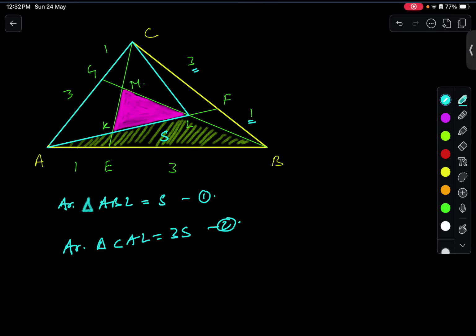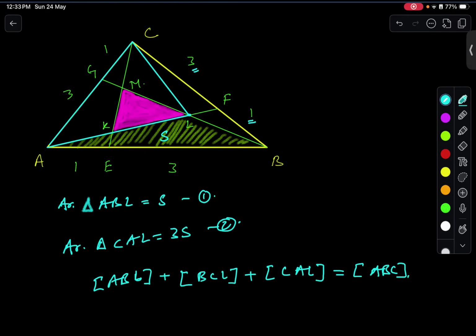And from the point L, if I divide the complete area, triangle ABL plus area of triangle BCL plus area of triangle CAL is the area of triangle ABC. Any doubt or confusion on this?